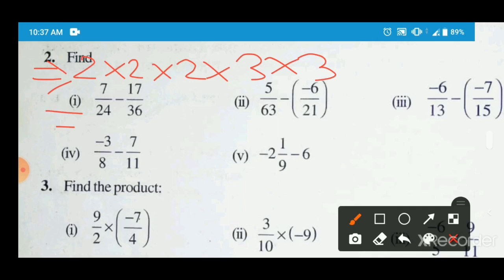So it is 3 3s are 9, 9 2s are 18, 18 2s are 36, 36 2s are 72. 72 is the LCM of 24 and 36.